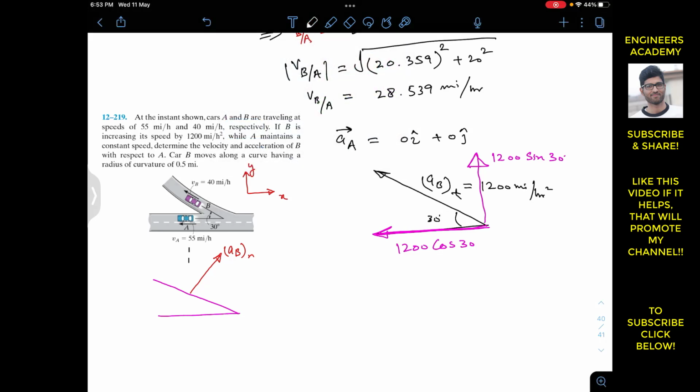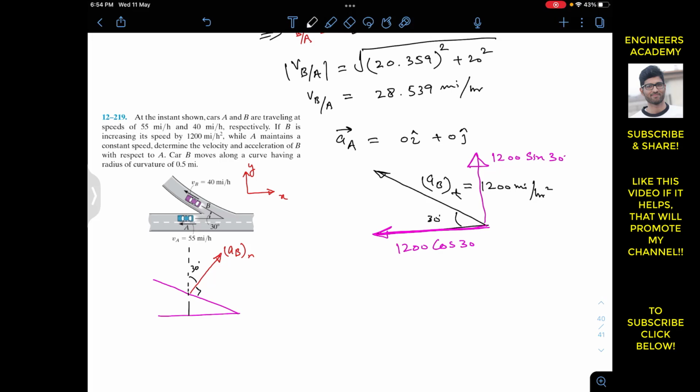And if I draw a vertical line like this, since this ABN is perpendicular to this line, and this line is perpendicular to this, and the angle between these two is 30, the angle between the normal acceleration of B and the vertical is 30 as well. Now we can resolve this normal acceleration into its components.